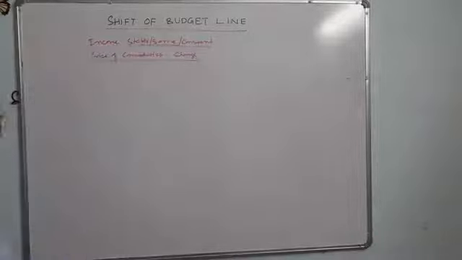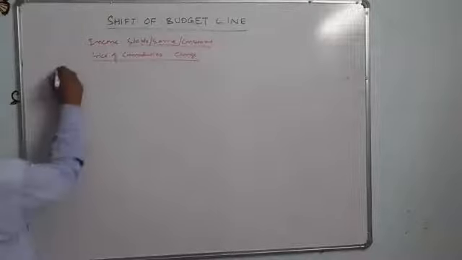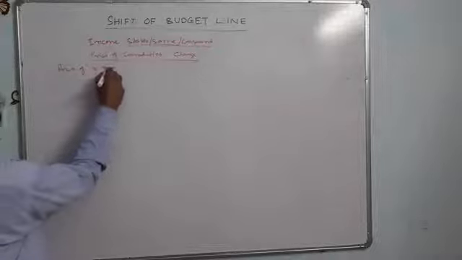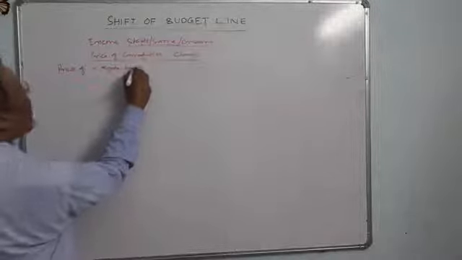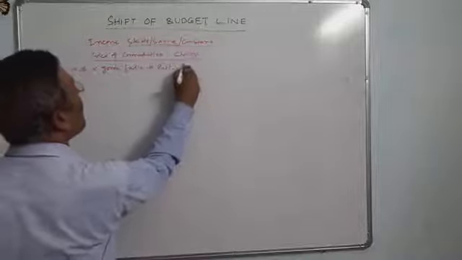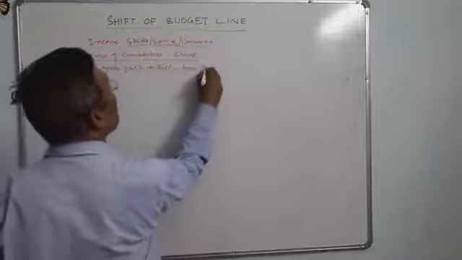First, suppose two goods, first X goods. The price of X goods falls to rupee 1 from rupees 2.